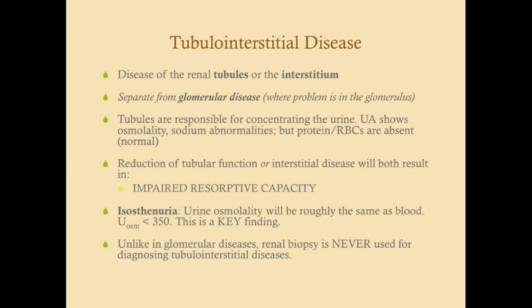So we have what's called isostenuria, which is a big word, but what it basically means is that the urine osmolality is roughly the same as the blood osmolality, and it's less than or approximately equal to 350. This is going to be a key finding in tubulointerstitial disease. Remember that in the pre-renal failure and post-renal failure, the urine osmolality was high.